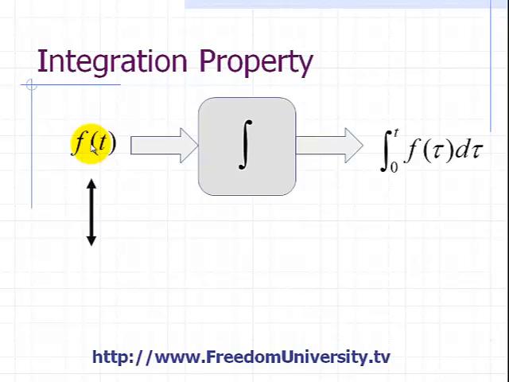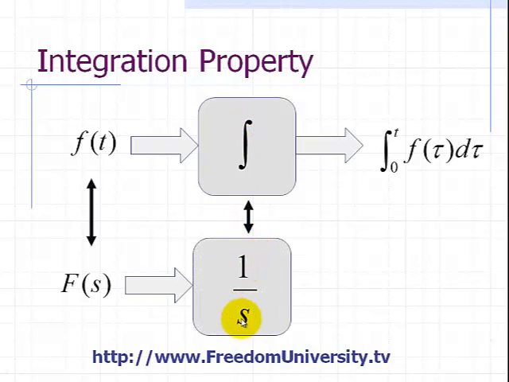In the Laplace domain, we have f of t, and its Laplace description is F of s. It feeds the input as before, but we're going to show in this video that the integration property can be reduced to 1 over s. And the output is just the product of the Laplace transform of the input multiplied by the Laplace transform of the integration function, which is 1 over s.